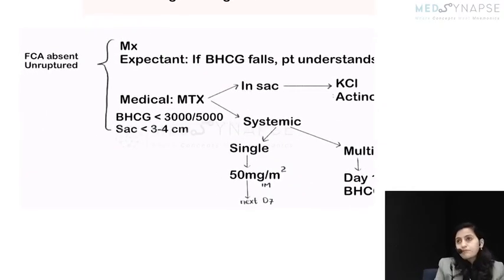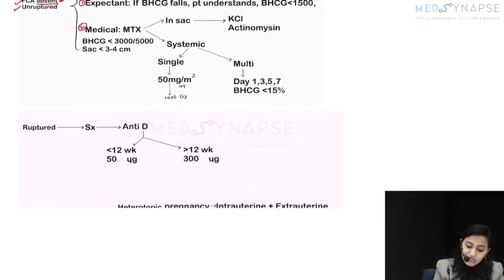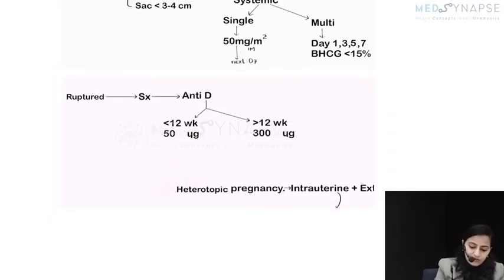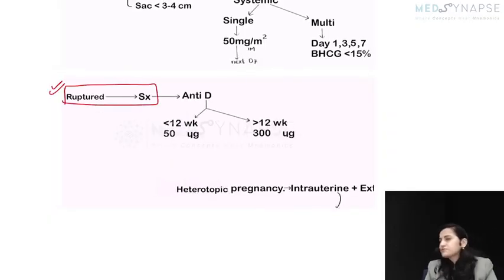Management of ectopic. If it's an unruptured ectopic, the fetal cardiac activity is absent, you can do an expectant management or a medical management. If it's a ruptured ectopic, it has to be treated by surgery, surgical treatment.